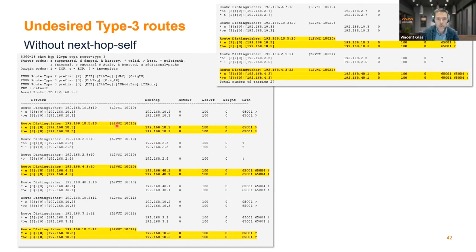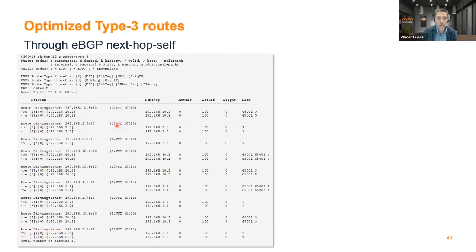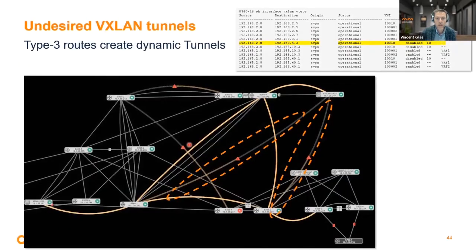In yellow here, these are the ones that are not optimized without the next-hop-self. If I use next-hop-self, they disappear from the route advertisement. Again, if I do not use next-hop-self, I will have undesired VXLAN tunnels created.